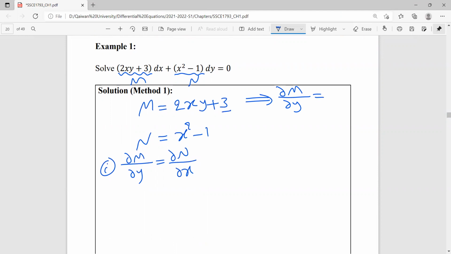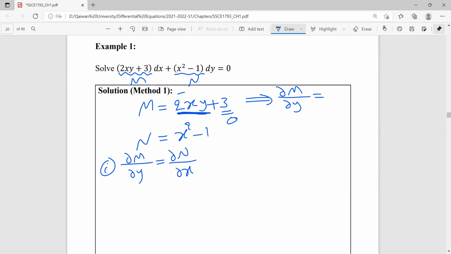What's partial m by partial y? This term is 0. When we take the derivative with respect to y, we treat x as a constant. Here, the derivative of this one is 0. How about this one, 2xy?